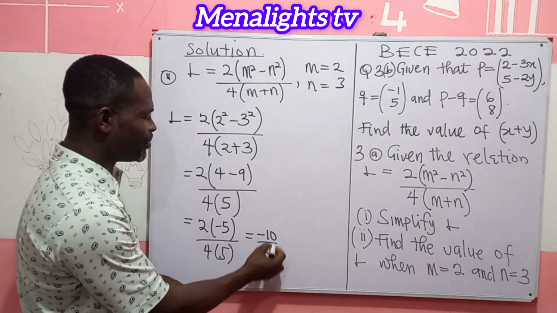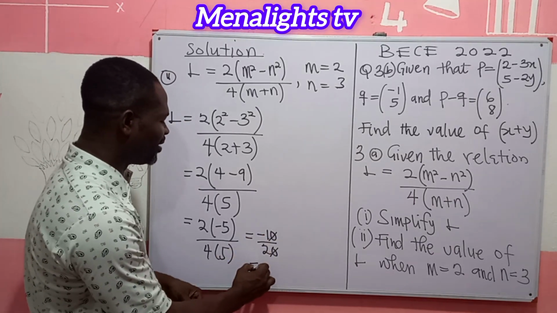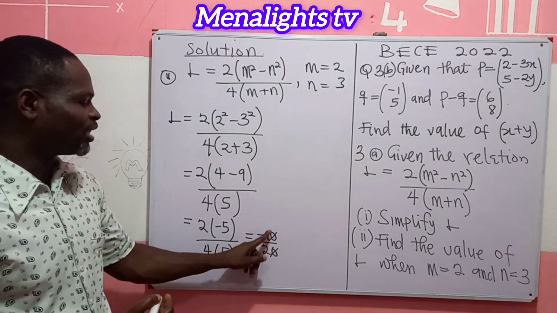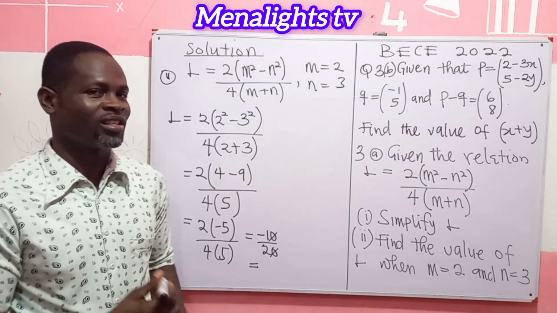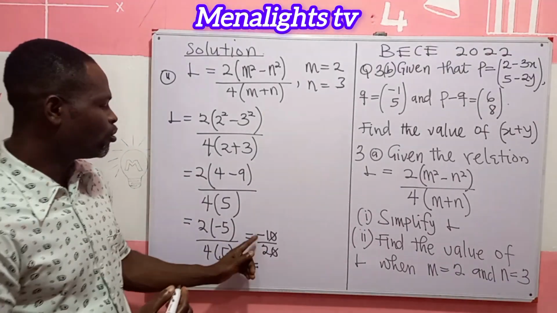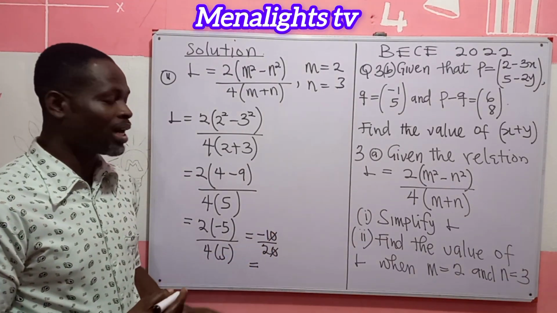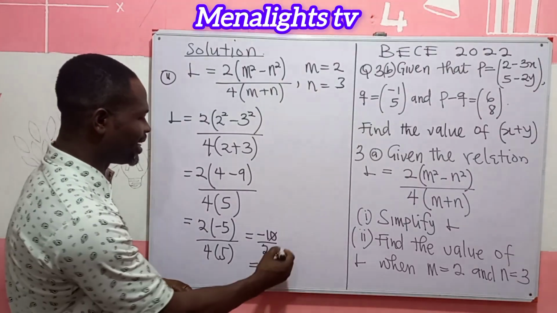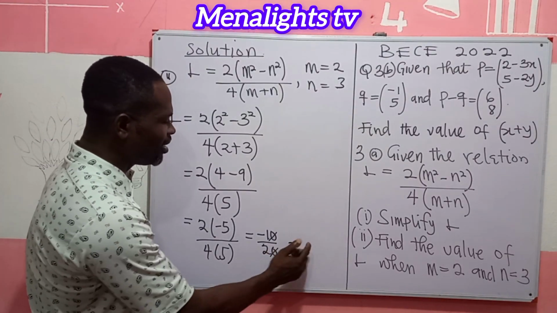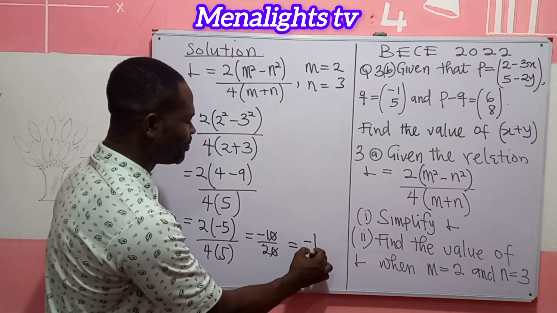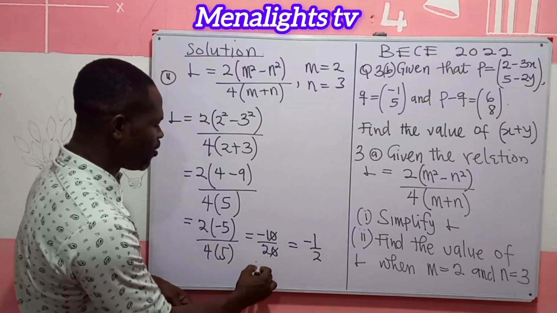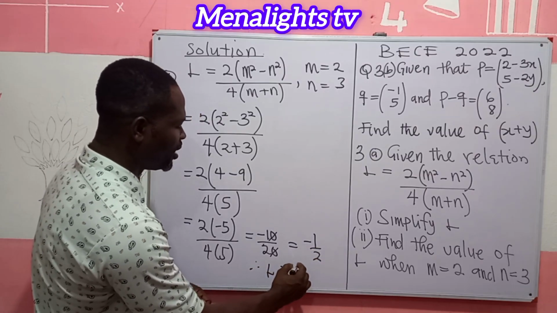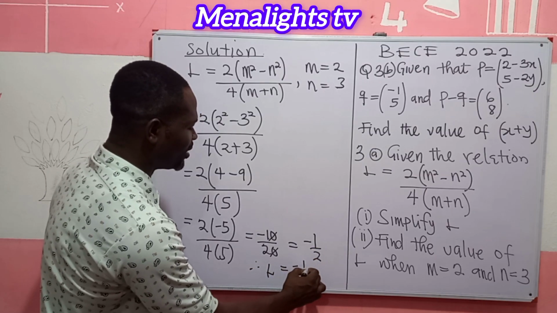So here we can do away with the zeros. Then what we have left is 1 at the top and 2 at the bottom. That's negative half, so negative 1 at the top, 2 at the bottom. So our result here is L is equal to negative half. Therefore L is equal to negative 1/2.